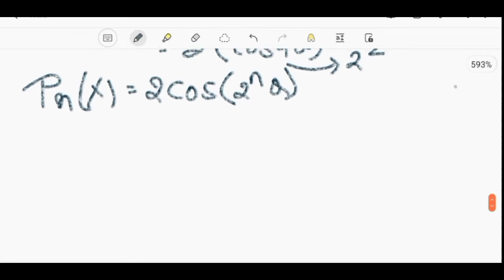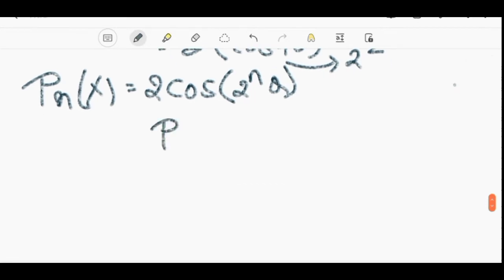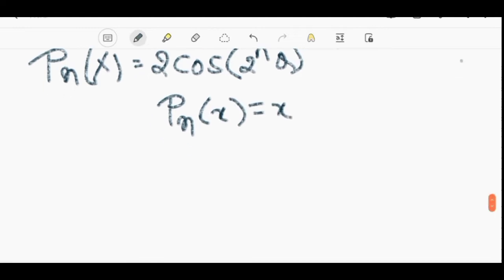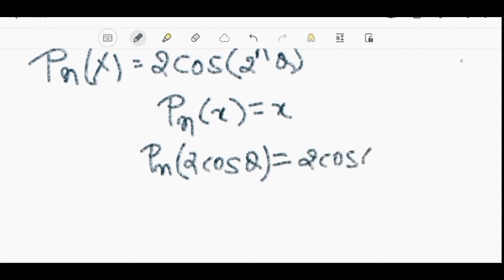And now we can simply solve the equation Pn of x equals x, which is the same as writing Pn of 2 cos theta equals 2 cos theta.